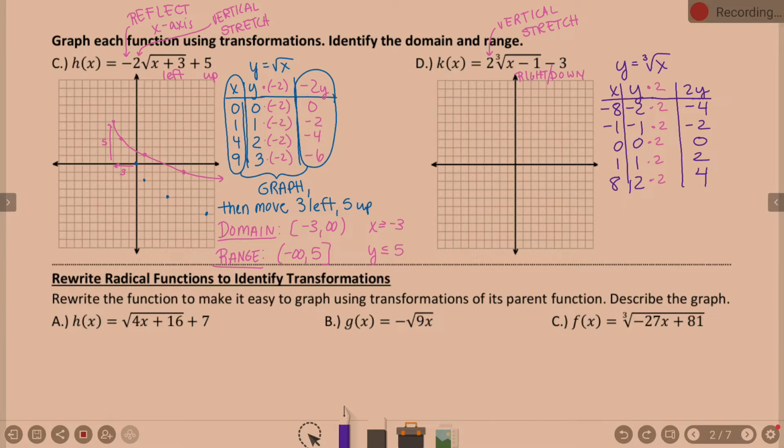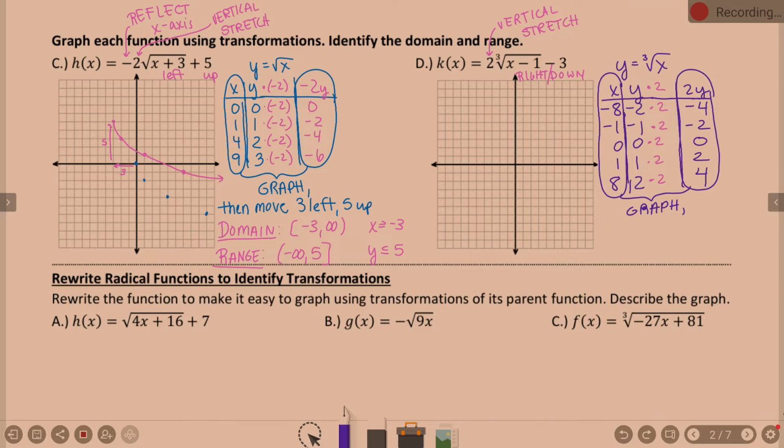So now the idea is my vertical stretch is going to be represented by the original x values that did not change and my new y values. So teacher recommendation here is to graph that set of ordered pairs. And then after you graph that set of ordered pairs, I'm going to tell you to move them, right?